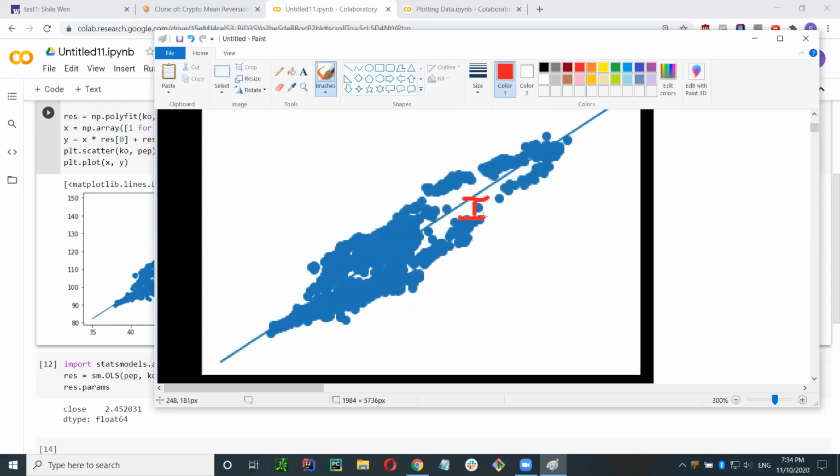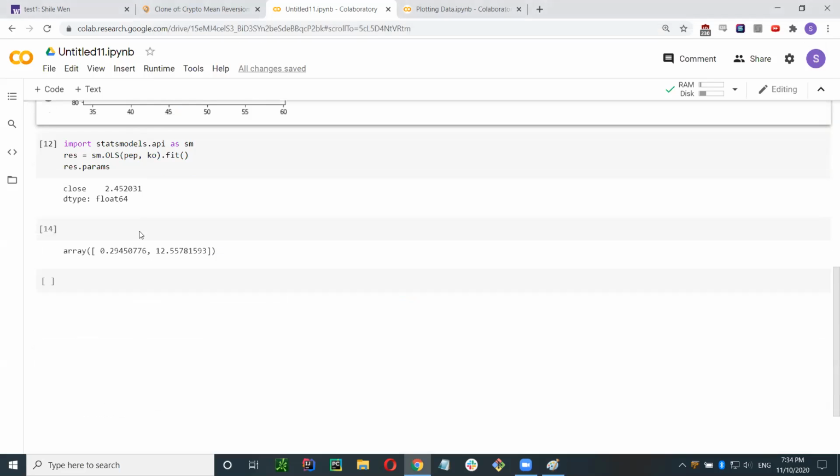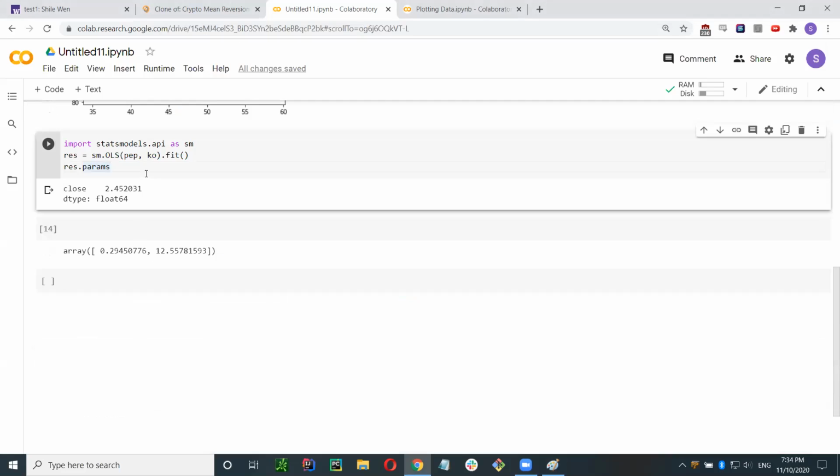Okay, so you can see that there's some errors here, and every point is at one time step. And then let's just plot these red bars, errors, right? Let's just do that real quick. And so we have this resid.params. So let's just plot the residuals. plot res.resid.